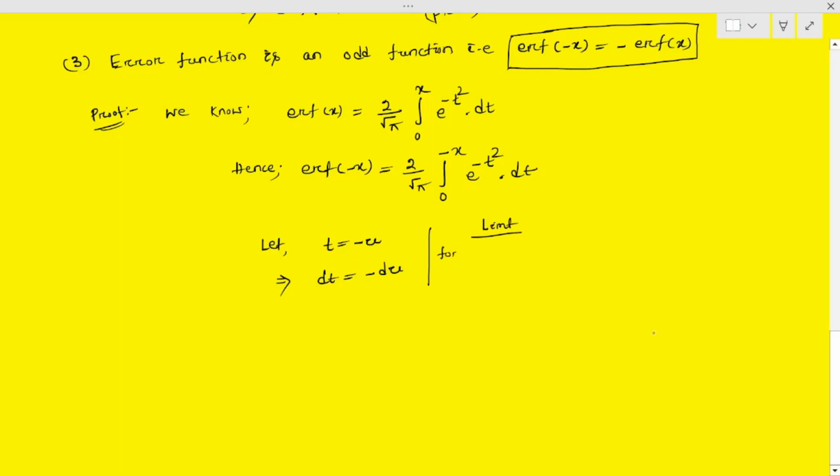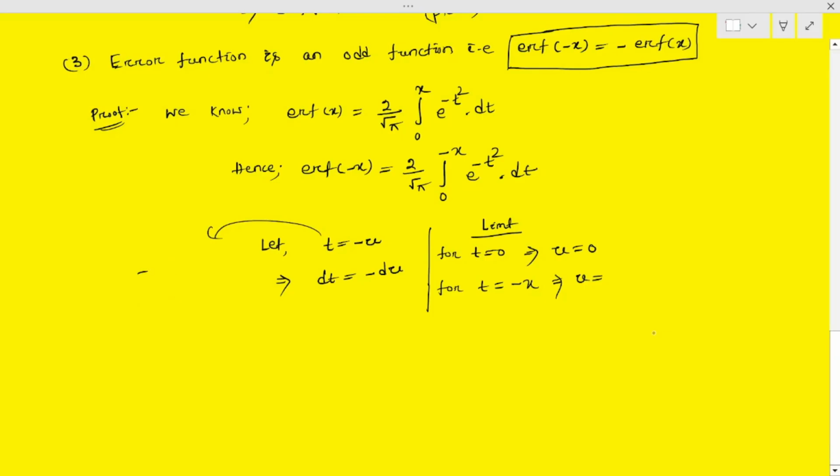For t equal to 0, the lower limit, since t equals minus u, obviously u equals 0. For t equal to minus x, the upper limit, u equals x.